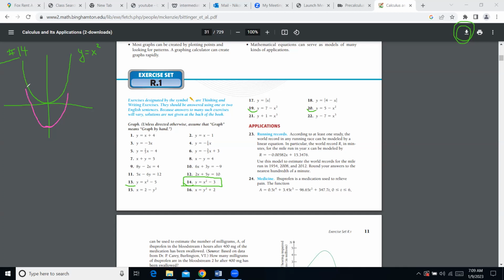So it turns out the graph of exercise 14 is the same parabola, but it went down by 3 units, and that was the question for the quiz. Did it go up or down? If you said down, then you did it perfectly fine. If you said up, well, then you can fix this. You bring the whole picture 3 units down.